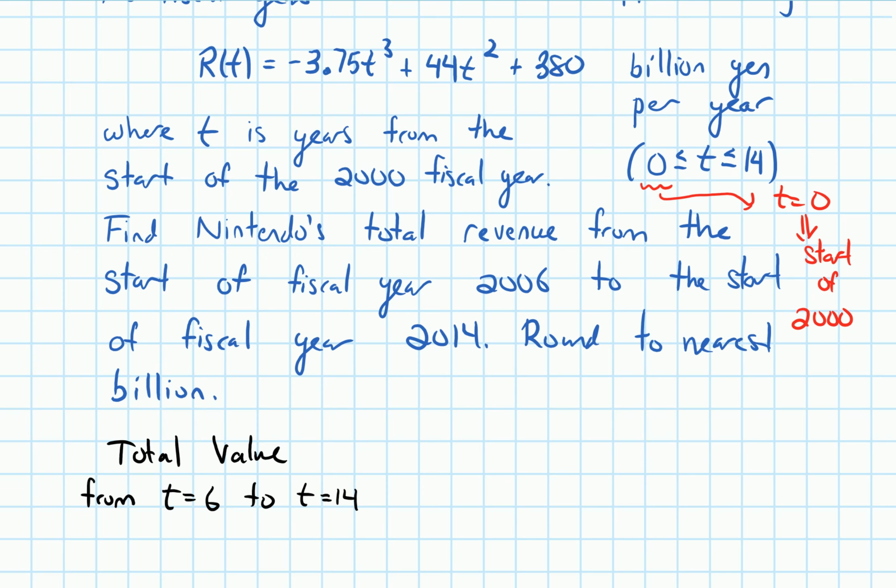Okay, so that total value should be the integral from 6 to 14 in this case of this rate of change of their sales, which is negative 3.75 t cubed plus 44 t squared plus 380 dt. Okay, so I'm going to move this up to the top of the page and continue the computation.